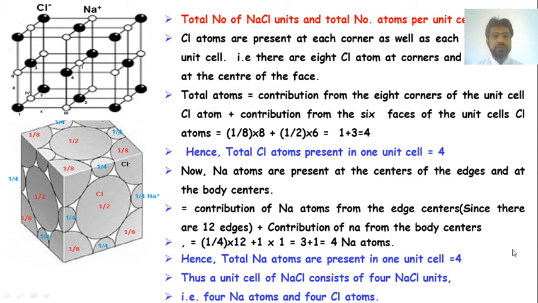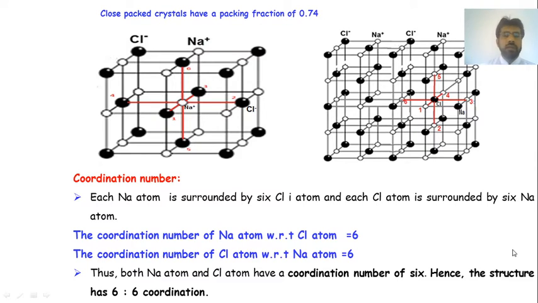Thus, this unit cell consists of 4 NaCl units. Therefore, we can say that the 4 Na atoms and the 4 Cl atoms give the 4 NaCl units present in the unit cell.